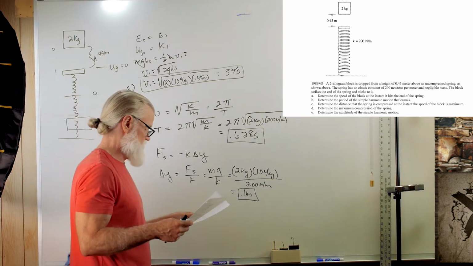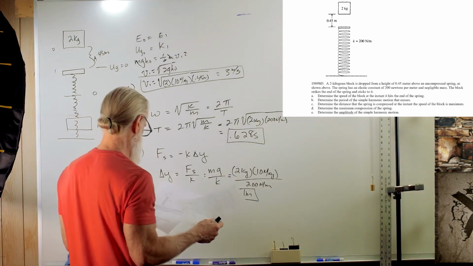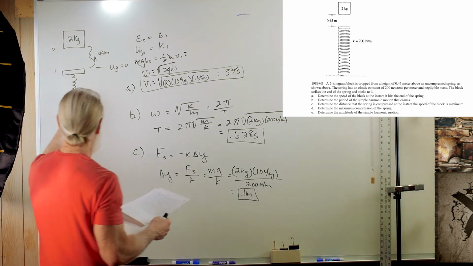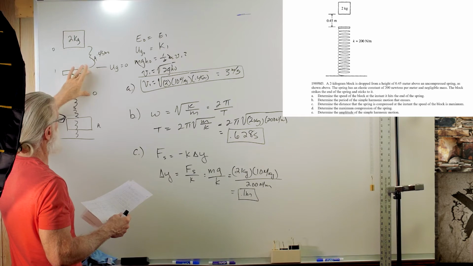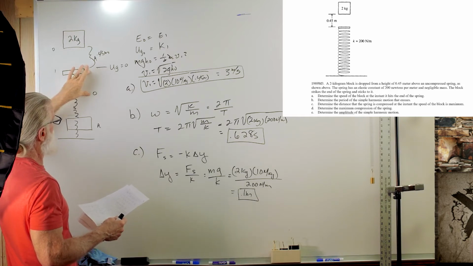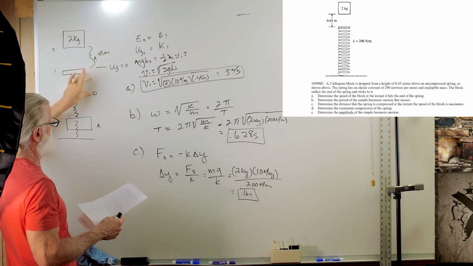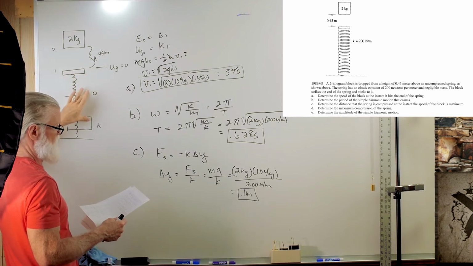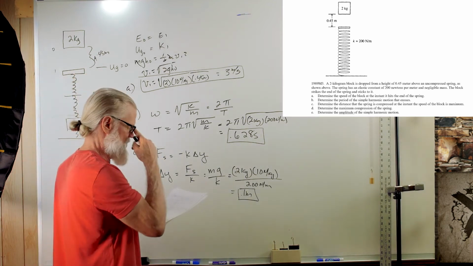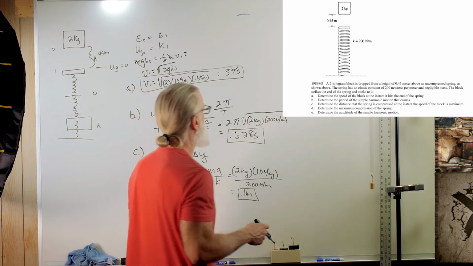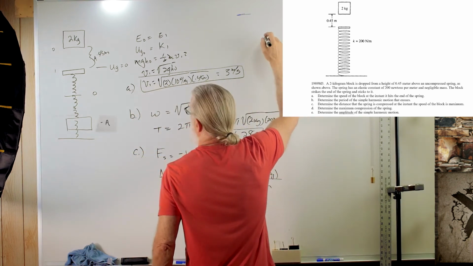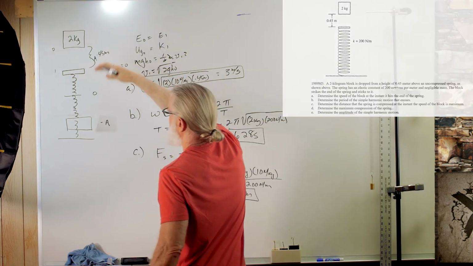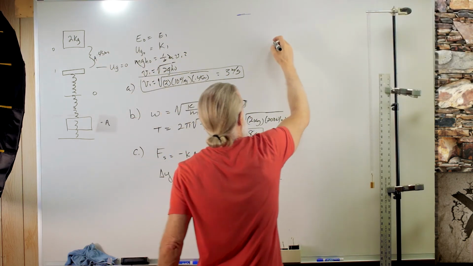And then later they asked to determine the amplitude of the simple harmonic motion. If I had this amplitude, since I already know what this is, 0.1 meter, right? This compresses 0.1 meter here. And so I think I'm going to find A. All right, I'm going to use conservation of energy to find A. I know that the energy when this is oscillating isn't going to change.